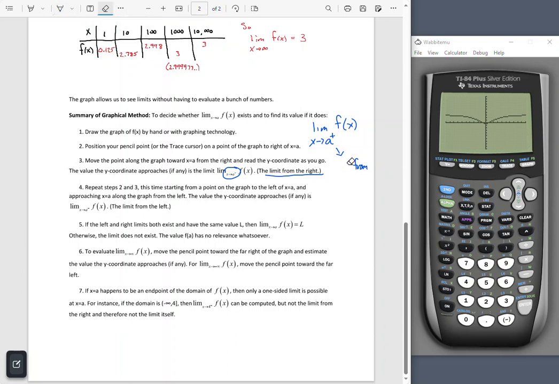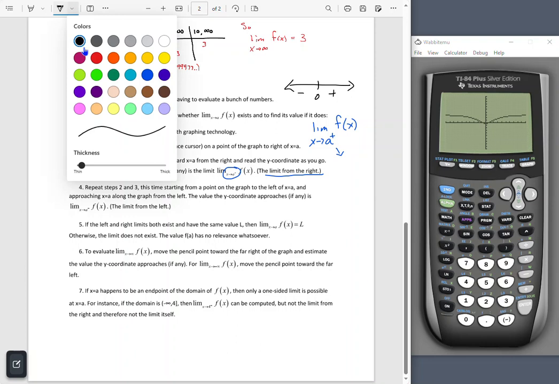So that notation is easy to remember if you consider that in a number line, and we're looking at 0, positive numbers are on the right, negative numbers are on the left.